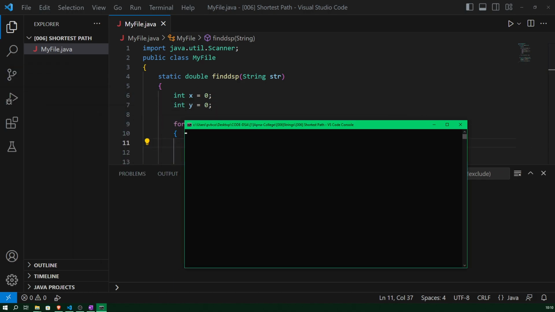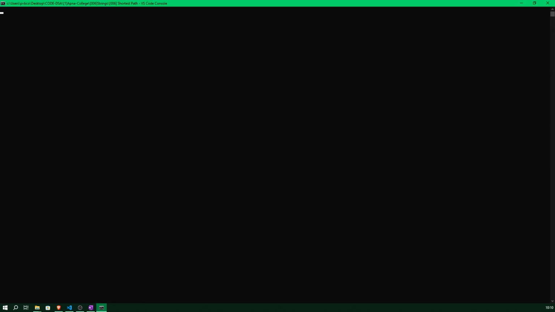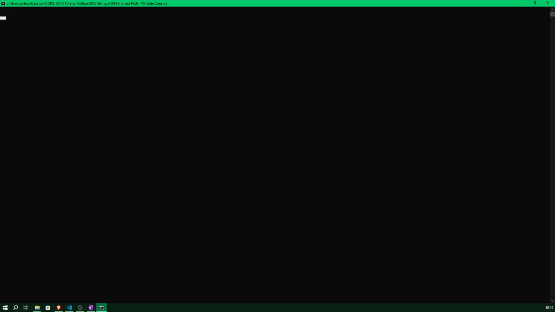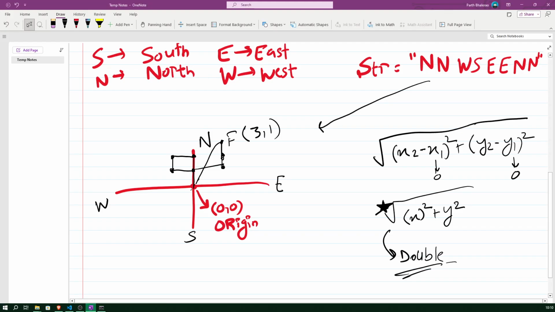Let's try to run this. We now wish to enter the string. So what was it again? NNWS double E double N. So the final answer should be 3.16, which is quite true because the final point was 3 comma 1.